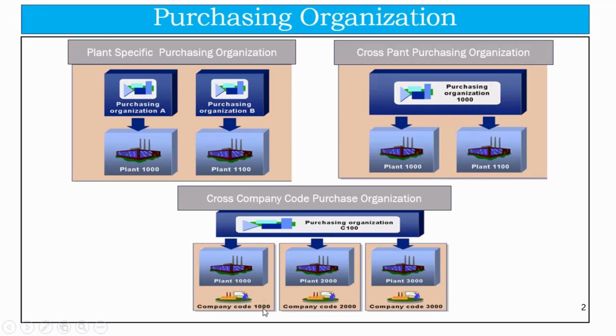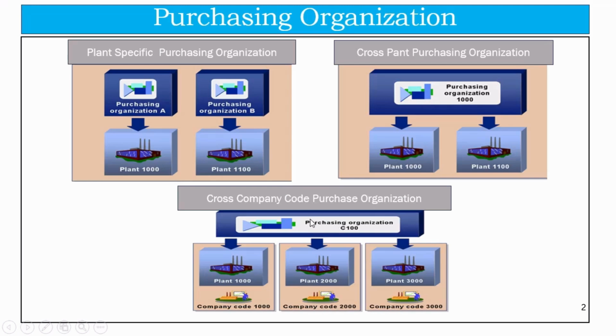This plant is under the company code 1000. Again, this purchasing organization can be responsible for this company code, and this is a plant. So here you see different companies with their plants.